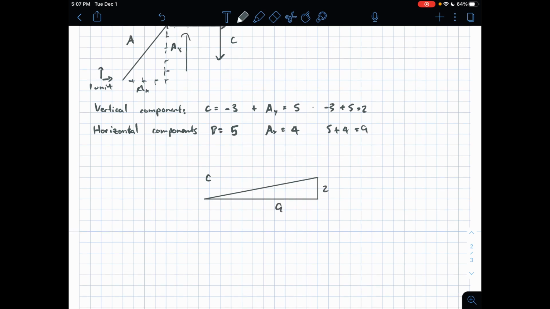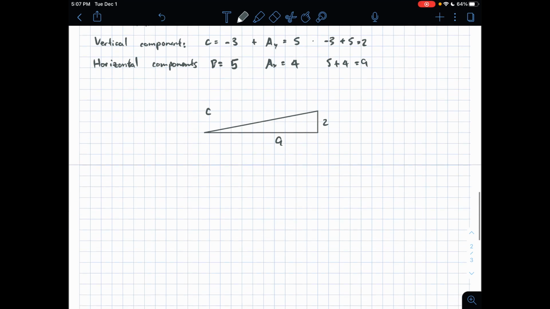With this, we can use the Pythagorean theorem to solve for the value of C. So C equals the square root of A squared plus B squared. C equals the square root of 9 squared plus 2 squared, which is 81 plus 4 equals 85.